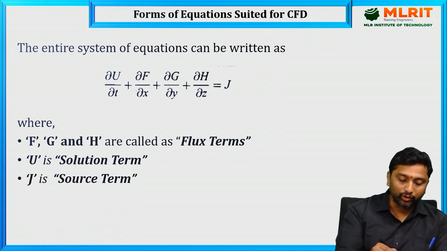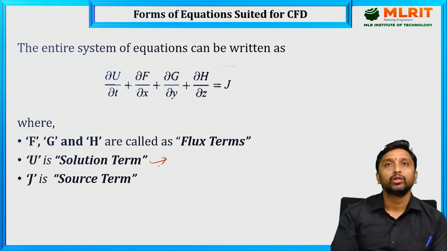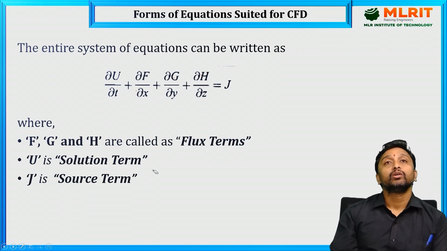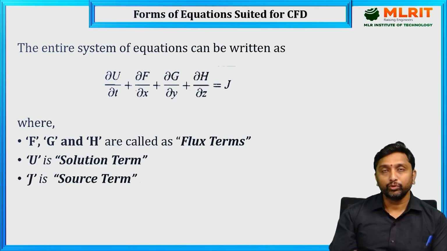We want to find the solution for this based upon the disturbance created by the source terms, or based upon the values of the source term, I want to find the values of U. So we always end up with time marching solutions for these kinds of problems.